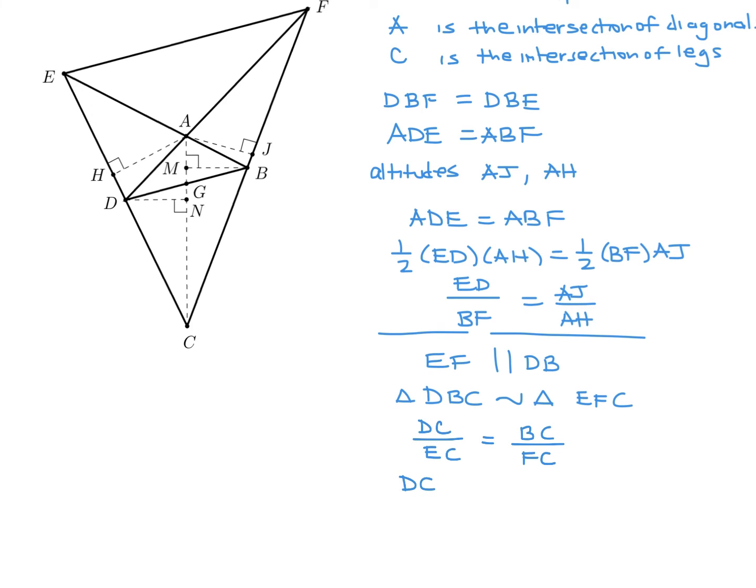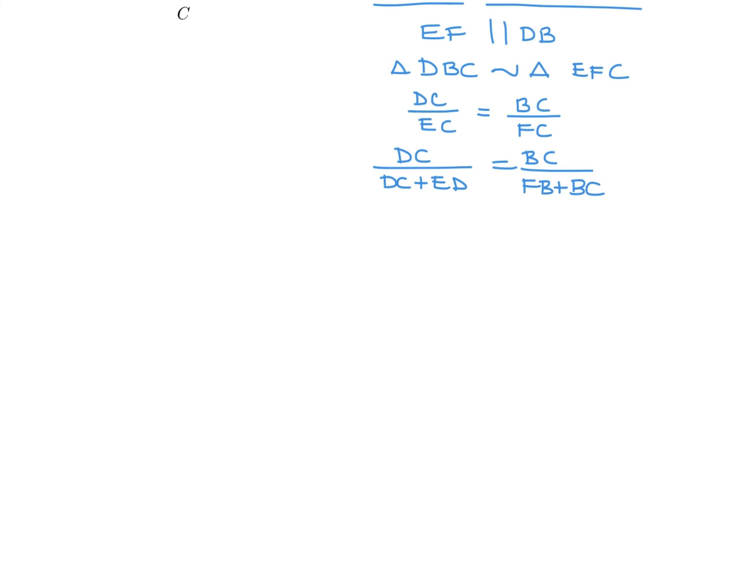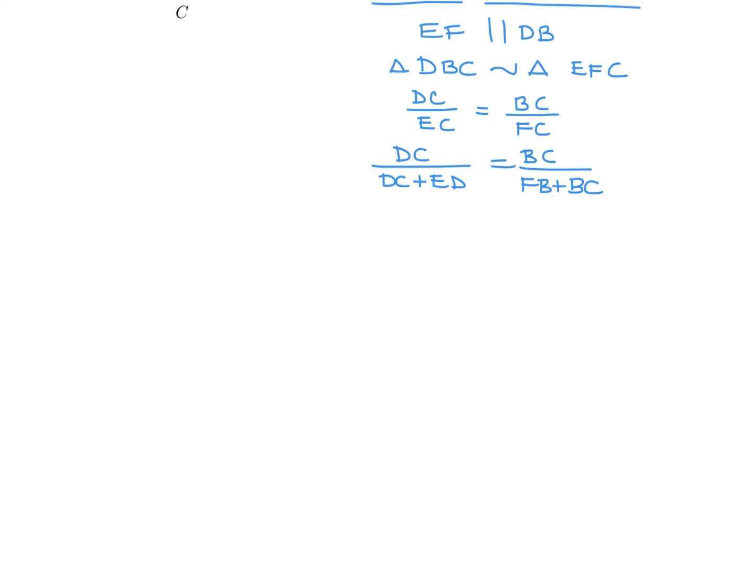And therefore DC over EC, which is just DC plus ED, is the same as BC over FC, but FC is just FB plus BC. Now, therefore, I can flip this and just get ED plus DC over DC.